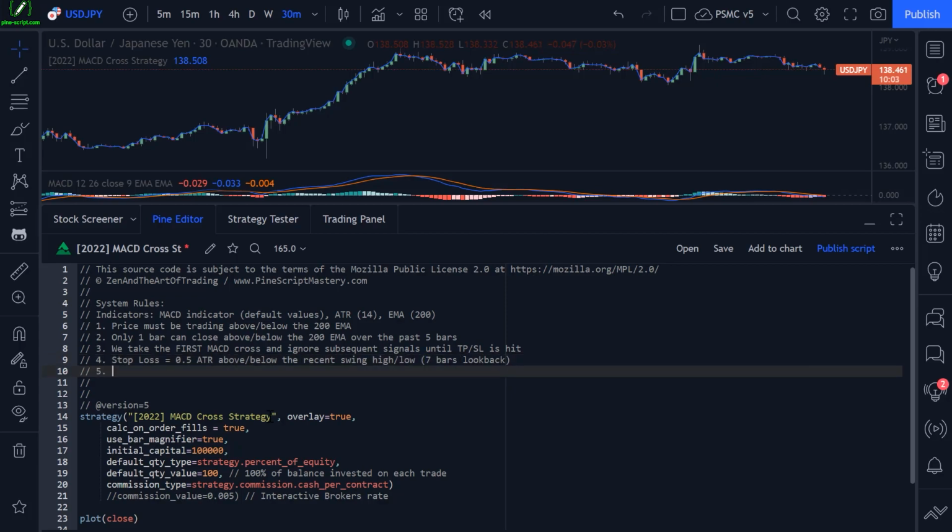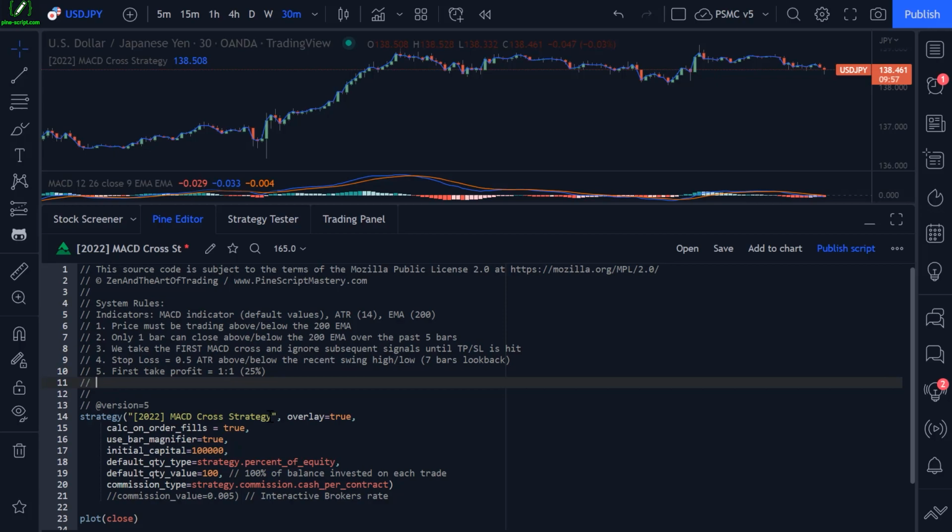The fifth rule is that our first take profit is at 1-to-1. We're going to take off 25% of our position. The sixth and final rule is that our second take profit is at 2-to-1, where we take off the remainder of our position. That's it.